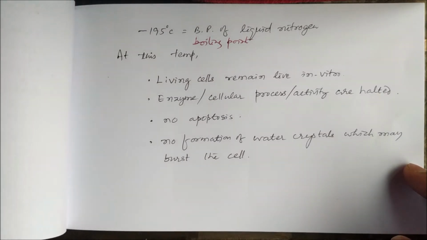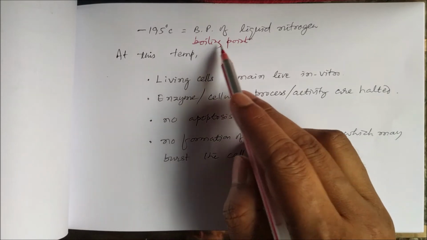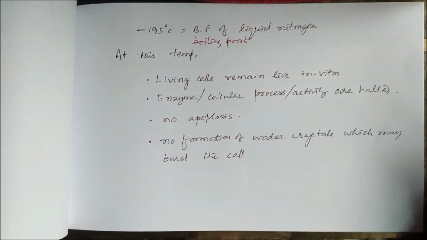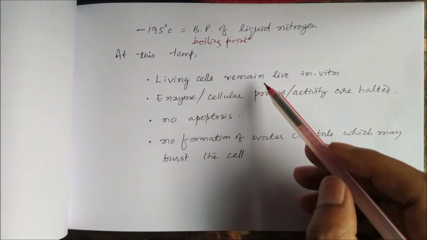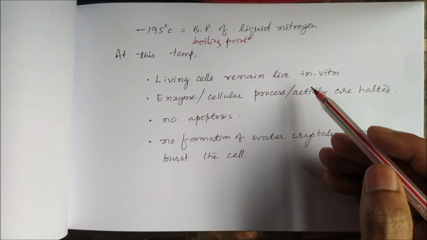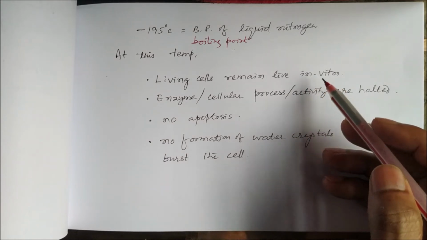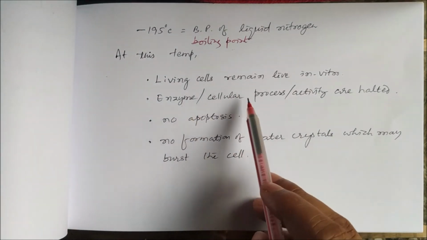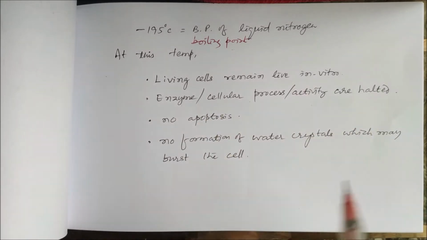Why do we use liquid nitrogen? Because the boiling point of liquid nitrogen is minus 195 degrees Celsius, and at this temperature living cells remain alive outside the body, in vitro. The enzymes, the cellular processes, the activity, all are halted at this temperature.